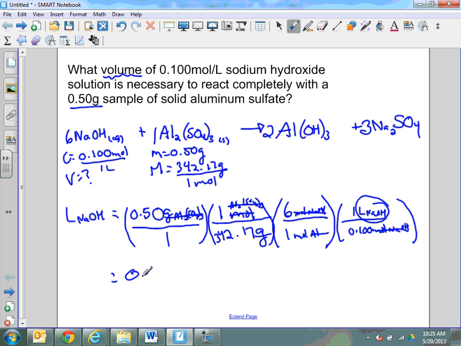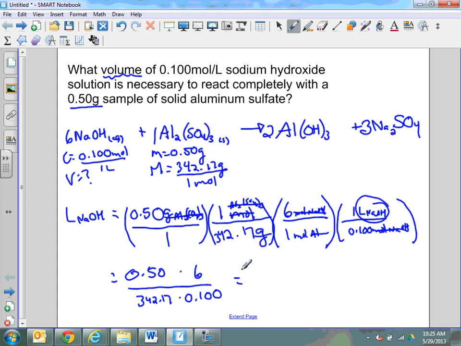When we simplify this, I've got 0.50 times 6 divided by 342.17 times 0.100.